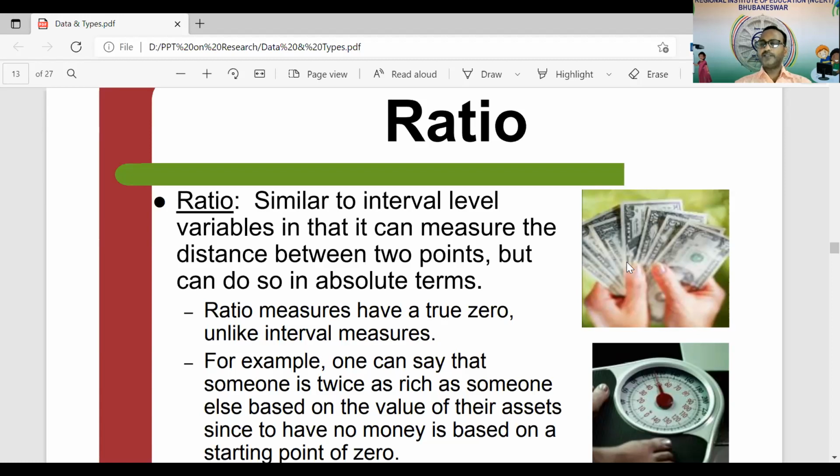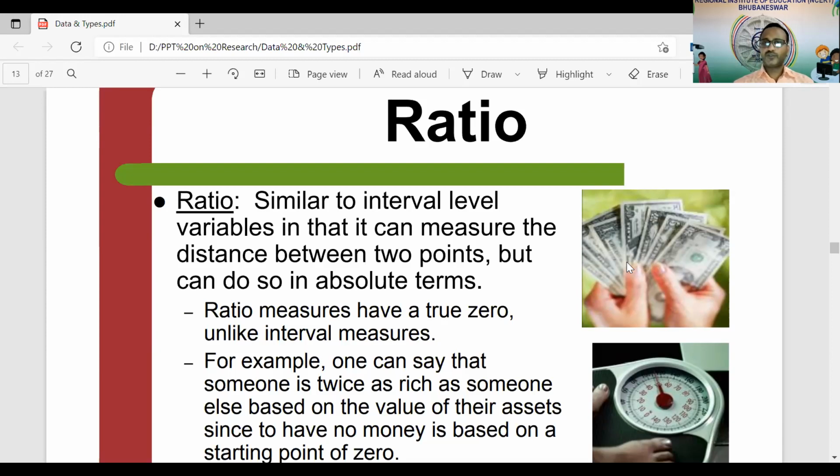For example, you are measuring my height or somebody's height. When you say there is a zero height, it means no height at all. When you measure quantity, volume, when you say zero volume, it means nothing. This happens in physical measurement and mostly we do it in scientific research.